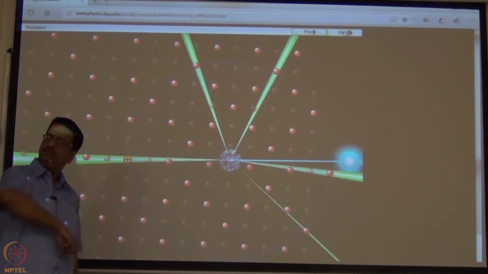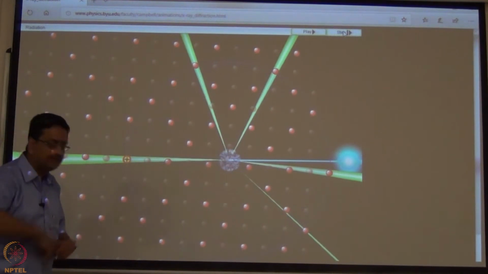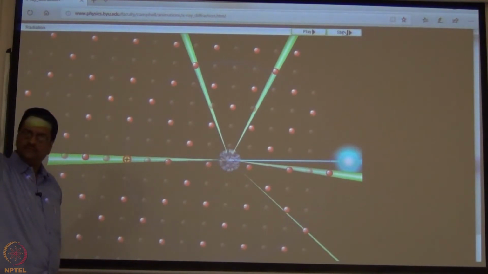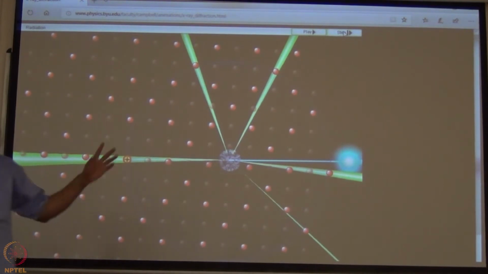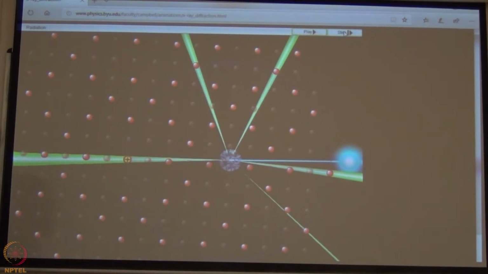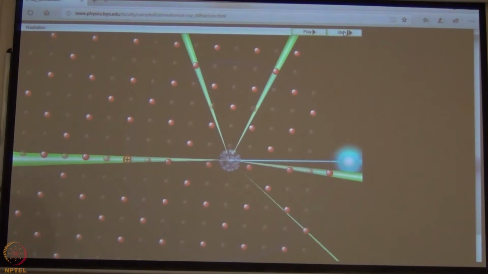Very small d value means very large 1 by d. That means it is further away from your sphere. So, if we go back to the presentation, I can then explain. The ones which are further away cross the Ewald sphere at a further angle with respect to the crystal.